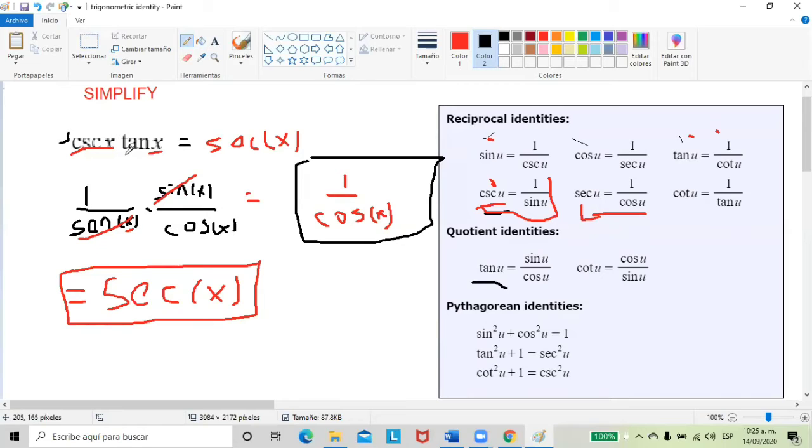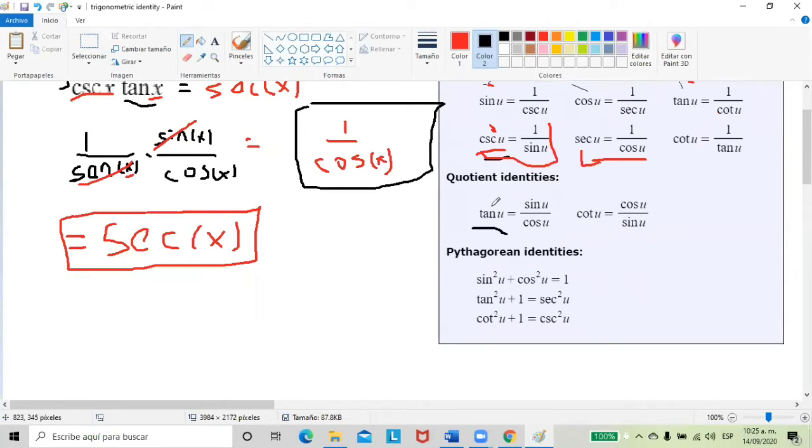Okay, so tangent, we have another trigonometrical identity here. Tangent of u is equal to sine of u over cosine of u. u is the angle, okay? In this case, u is equal to x.